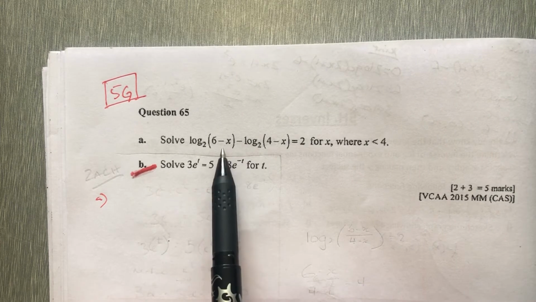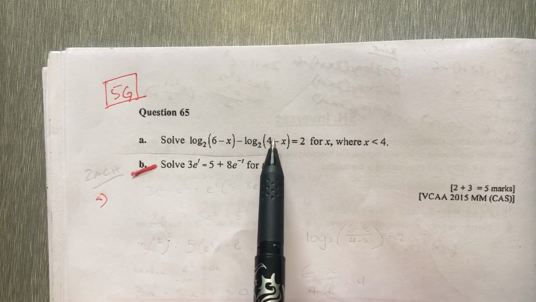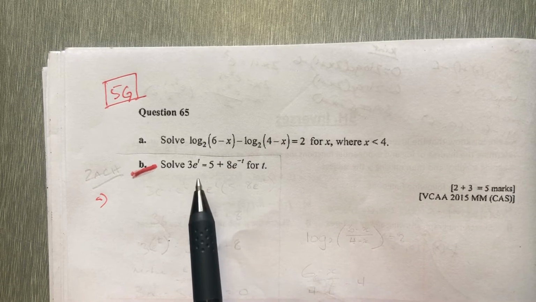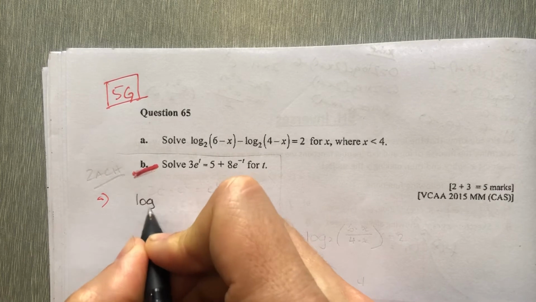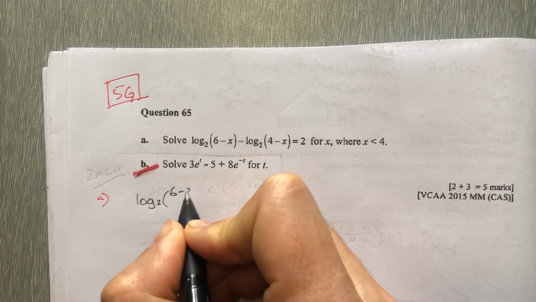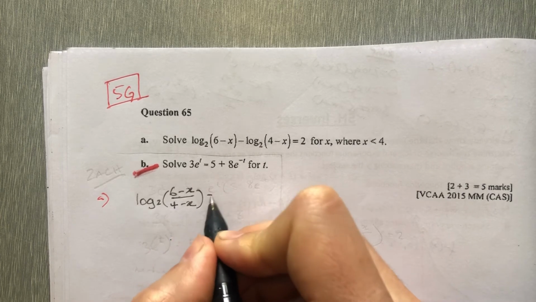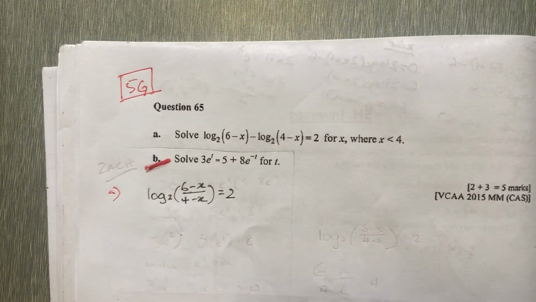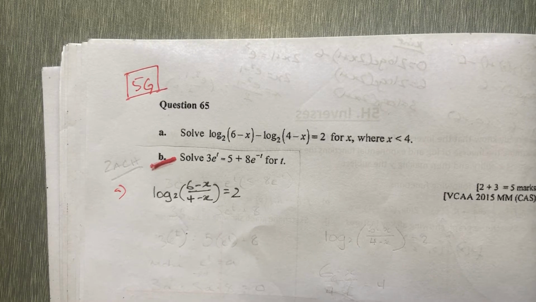If there's one log, take away the other log, we're going to end up dividing what's in here. So it's going to be that divided by that second one. So that's the first step that I'm going to do. Cool. So that should leave us there.